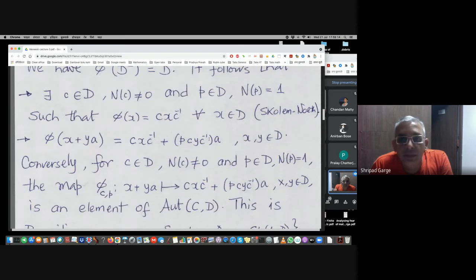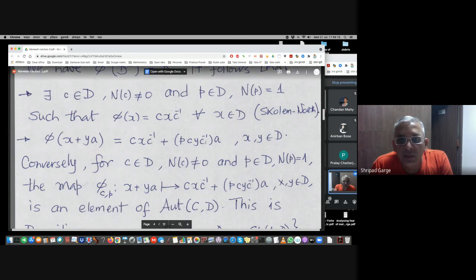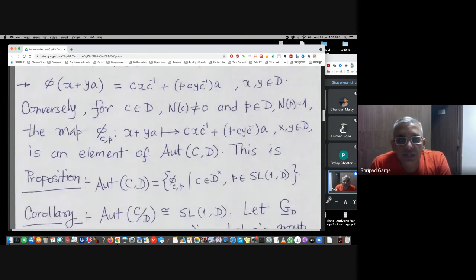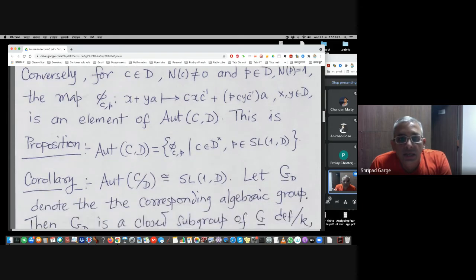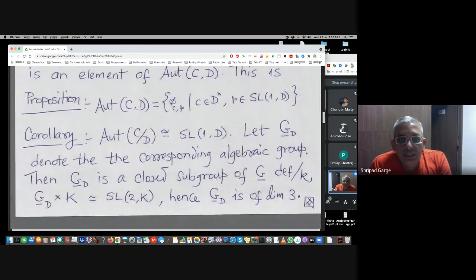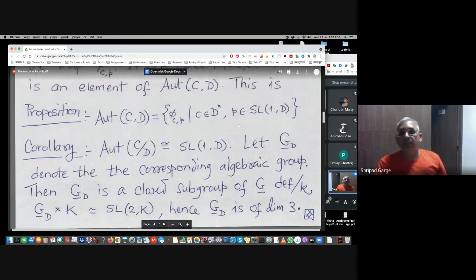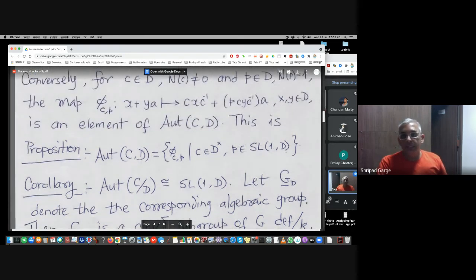Maybe that's why Pralay's remark is why P is not on that side. So these are the automorphisms that we have. And then we have this proposition saying that this automorphism group is basically given by D cross times SL1(D), because C is an invertible element and P is taken only to be in norm 1.